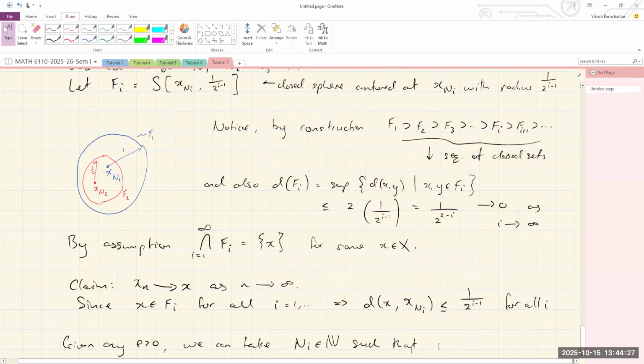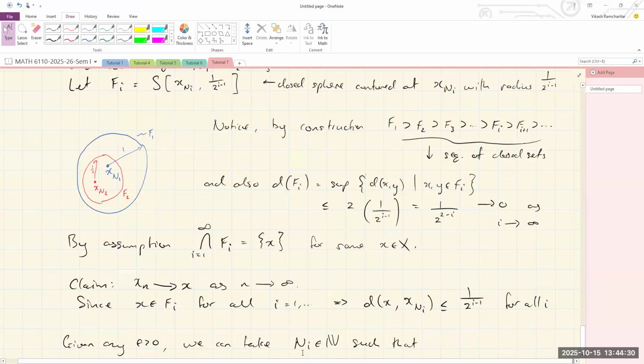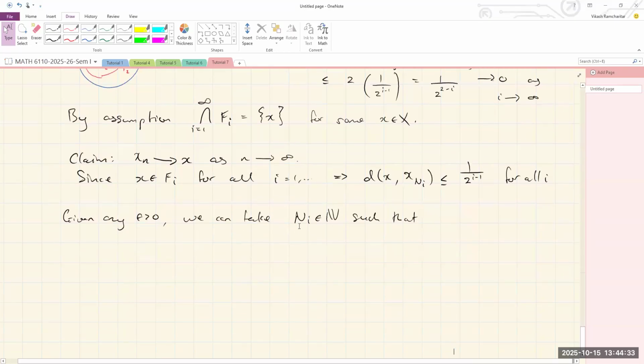So any epsilon you give me, I could always find an index i such that 1 over 2 to the i is less than epsilon. And that tells me which of these n_i I'm going to take.